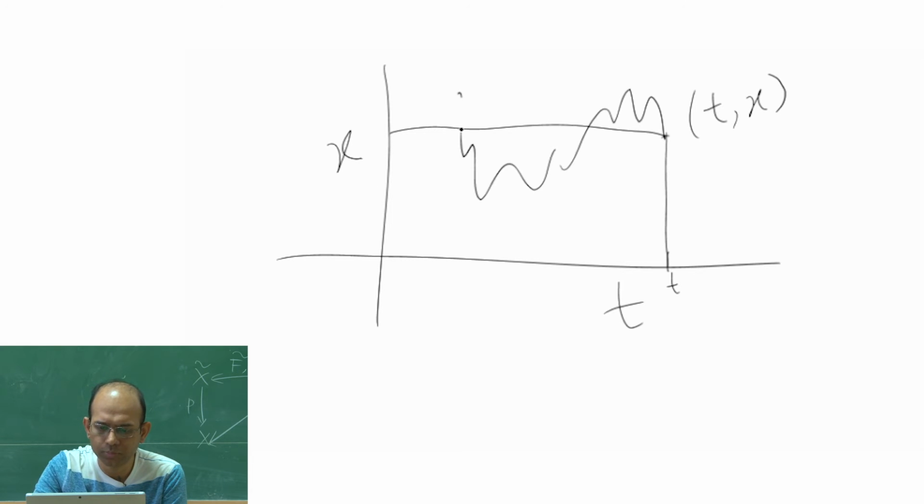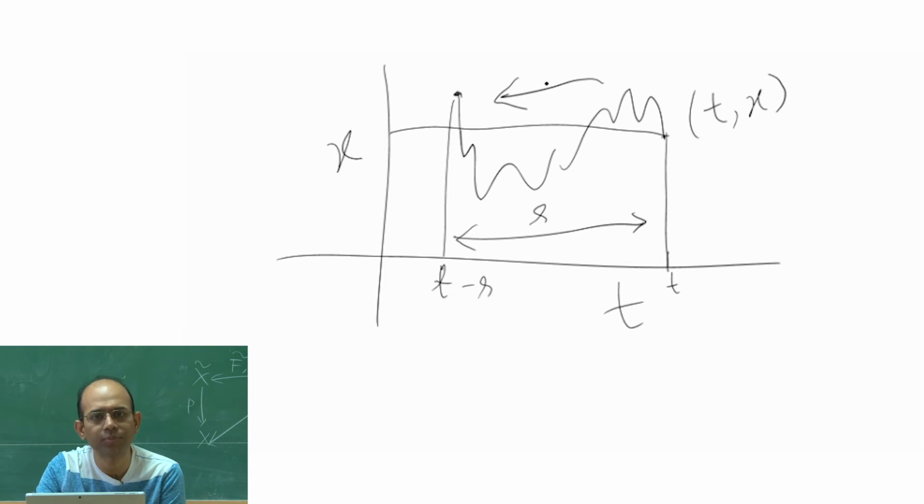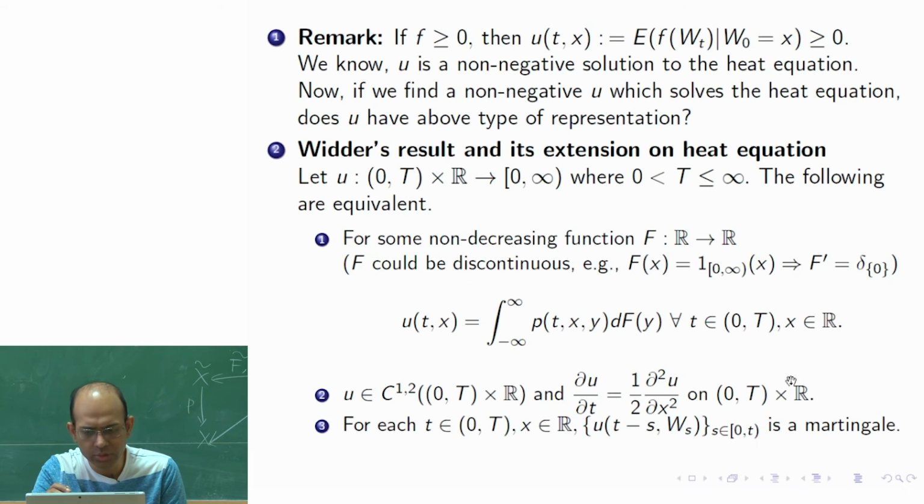So this is, say, a Brownian path, okay, and then you stop at some point, say here, t minus s. So basically this distance is s, you go s in this direction, okay, and then wherever you stopped, here you find this value u(t minus s, ws).